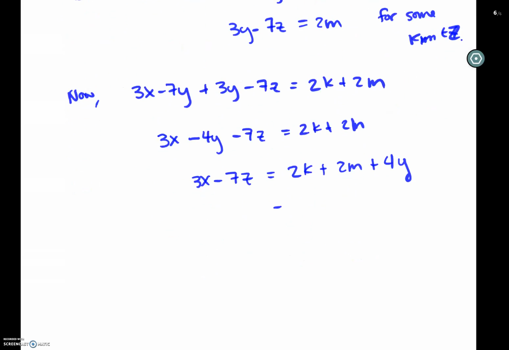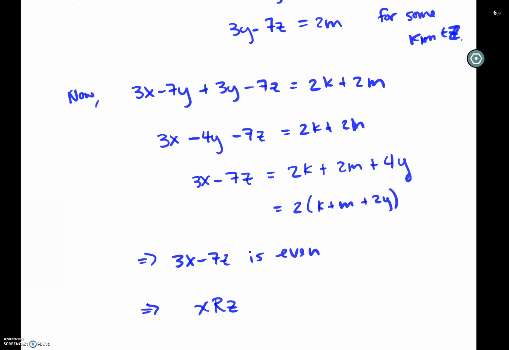This makes us happy because now we can take out a 2 on the right, and so we're guaranteed that 3x minus 7z is even, which in turn guarantees us that x is related to z.